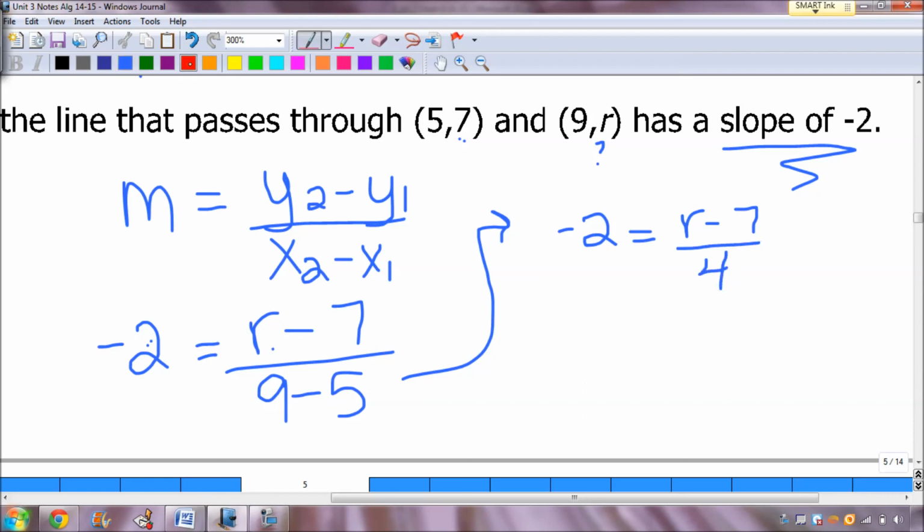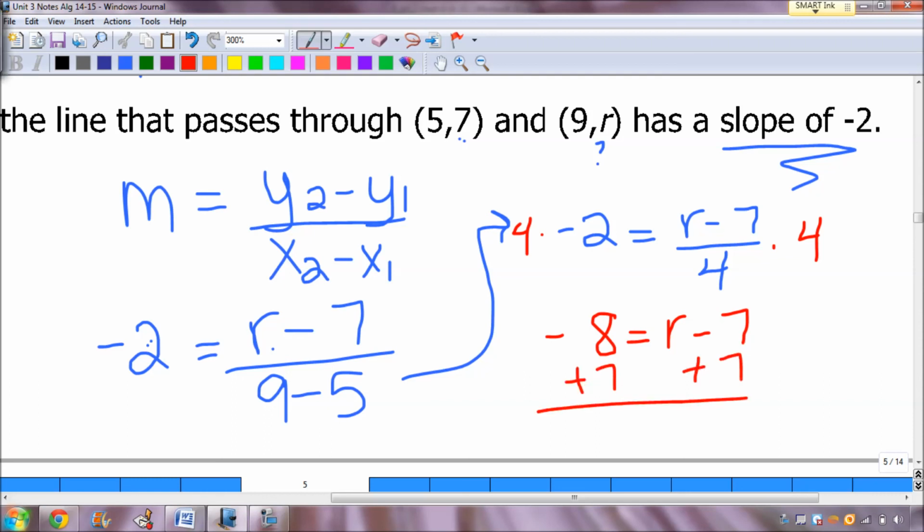Your fractions, get rid of them immediately. Multiply both sides by 4. You end up getting negative 8 equals r minus 7, okay? Now all I have to do is add 7 to both sides, so I end up getting negative 1 equals r.